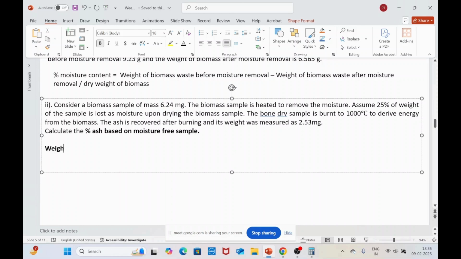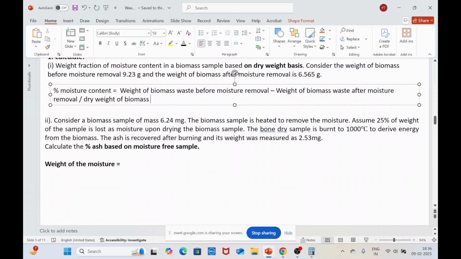So what is the weight of the moisture? This is for the first question. Let me write that the percentage moisture content is 40.59 percentage.